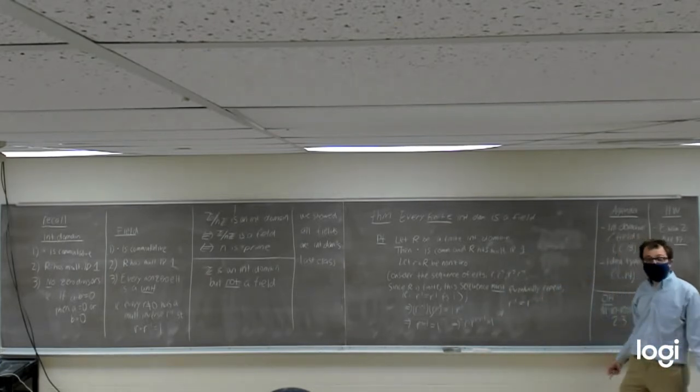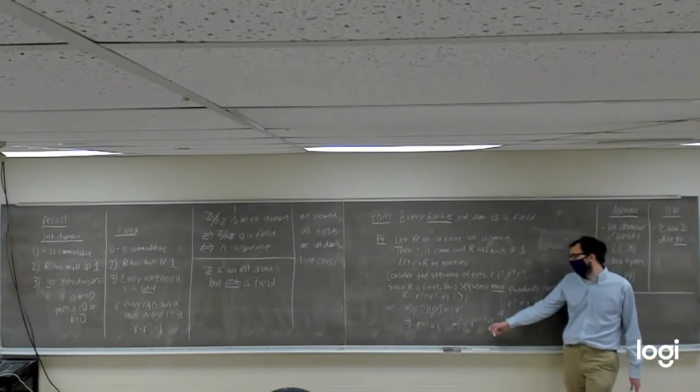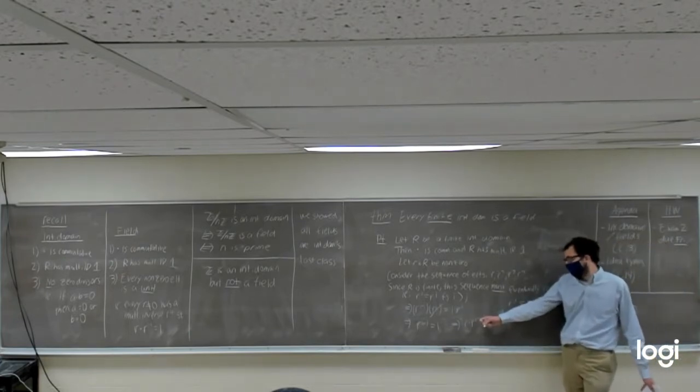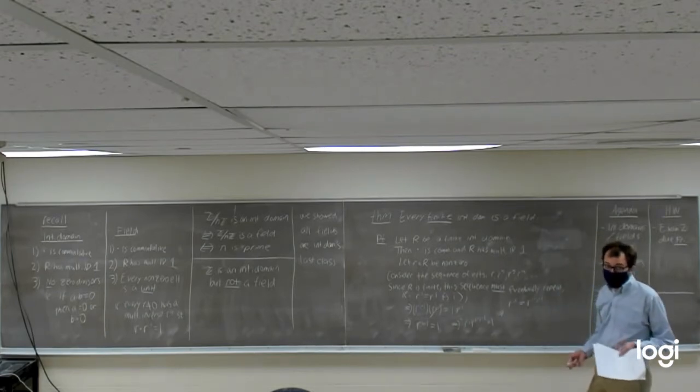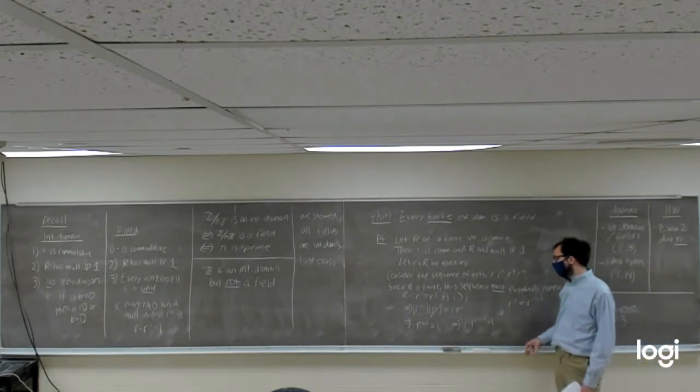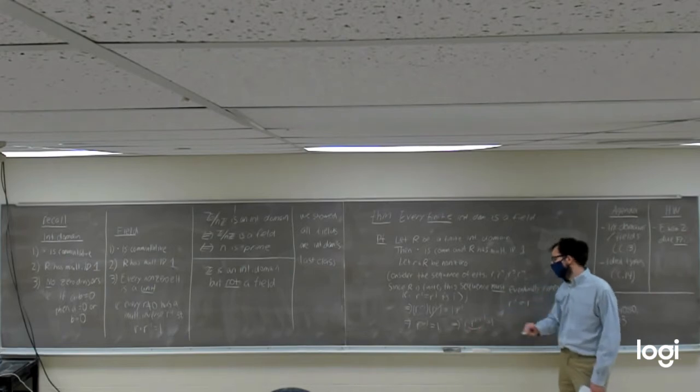Because we found something that if you multiplied by r, namely r to the i minus j minus 1, we would get something that's equal to 1. And so the multiplicative inverse of r has to be this expression.